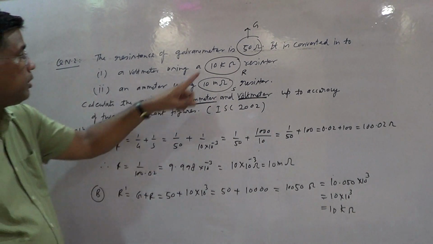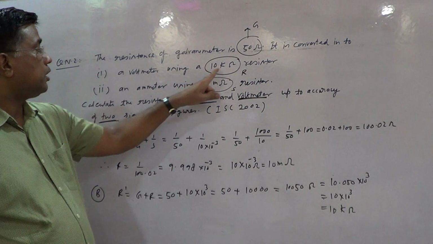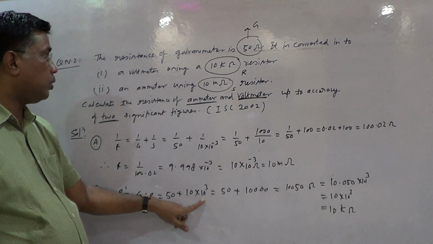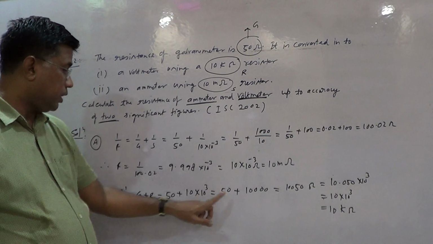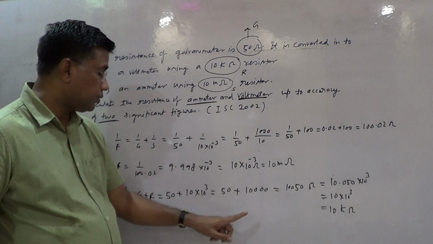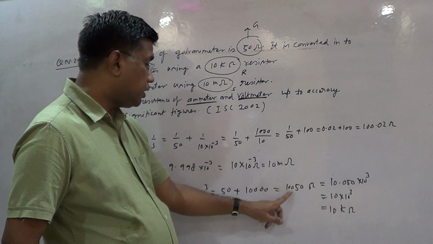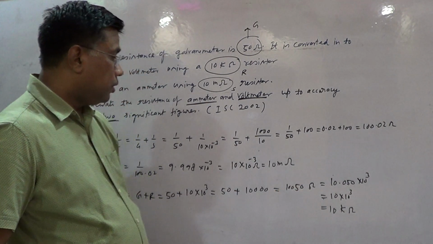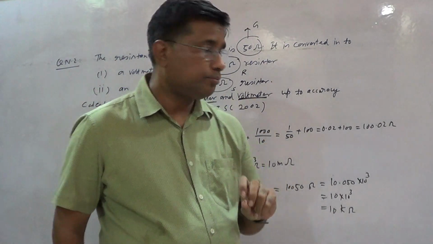The value of G is given, 50 ohm. The value of R is also given, 10 kilo ohm. So 10 kilo ohm is converted into ohm, which is 10 into 10 to the power 3, that is 10,000, plus 50. On adding we get 10,050 ohm. We have to write our answer up to only two significant figures.